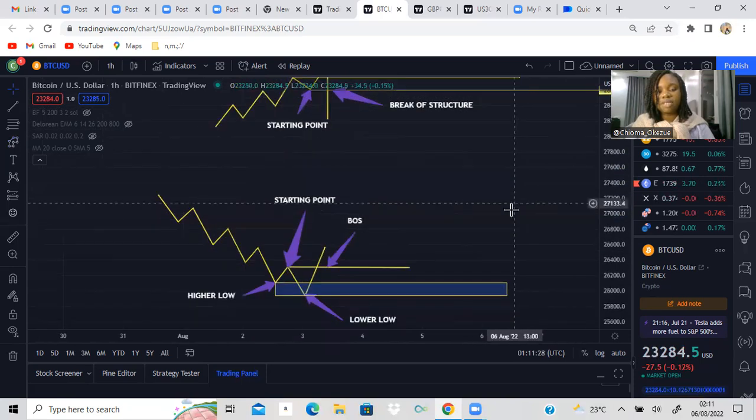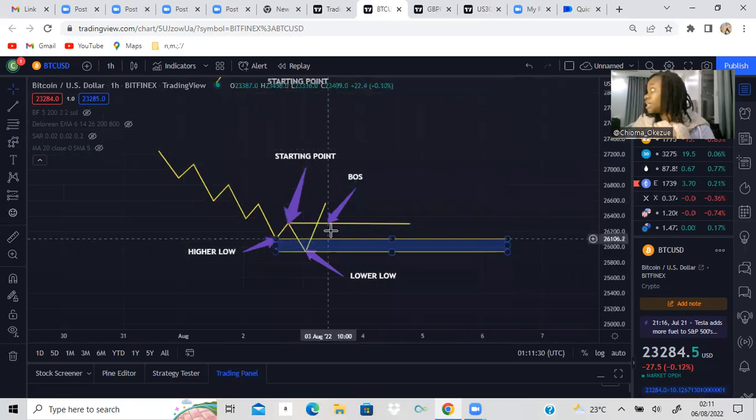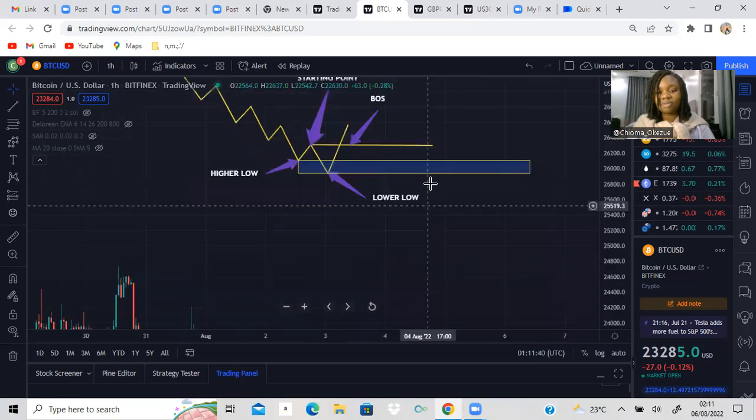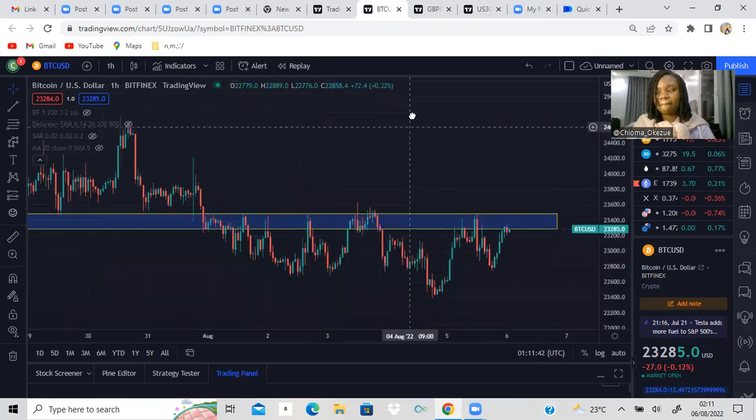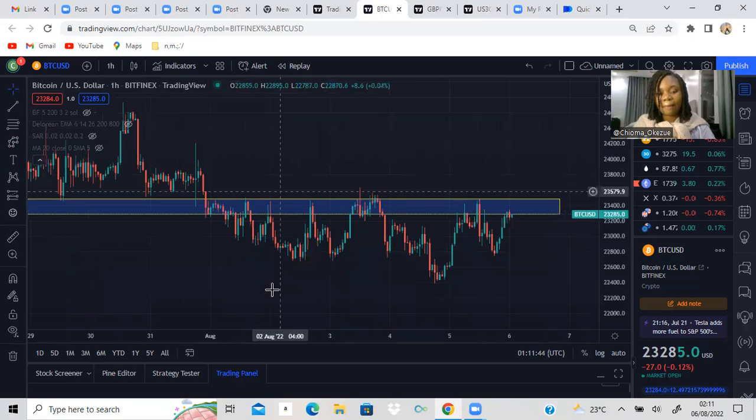Now, same way here, inverted heads and shoulders is what we expect.